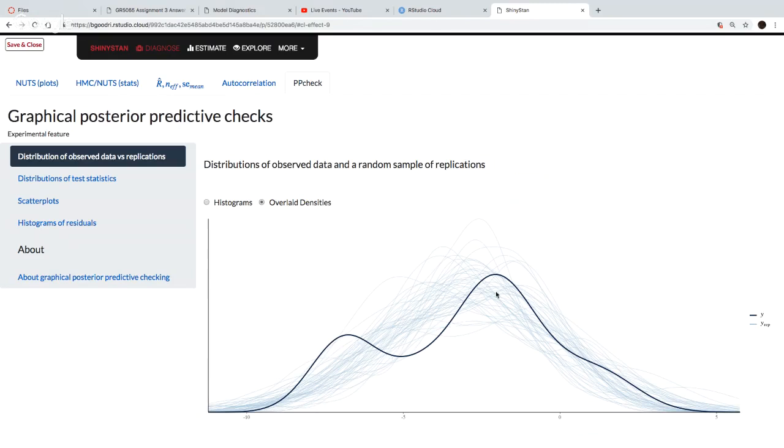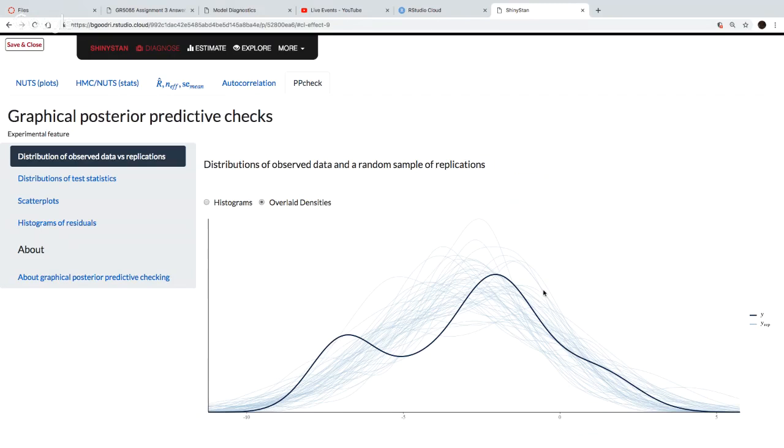And so now I have in my dark blue line a density plot of the actual observed data on the logarithm of black market premium. I don't know if you can see that so well on this screen, but there's a whole bunch of thin gray lines that are not as distinct as the dark blue line. Those are all the density plots from like 25 realizations from the posterior predictive distribution.